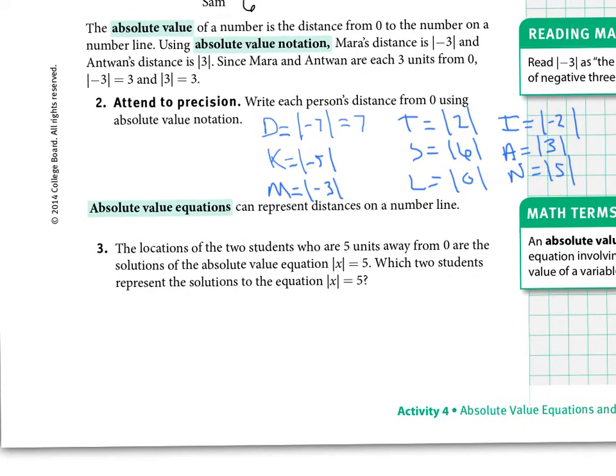If we go up here to our answers, which ones are going to be equaling 5? Well, I know that Kia is 5 away from 0, and she's at -5. And then Nick is also 5 units away from 0, and he's at the 5 position. So notice that there are two values.